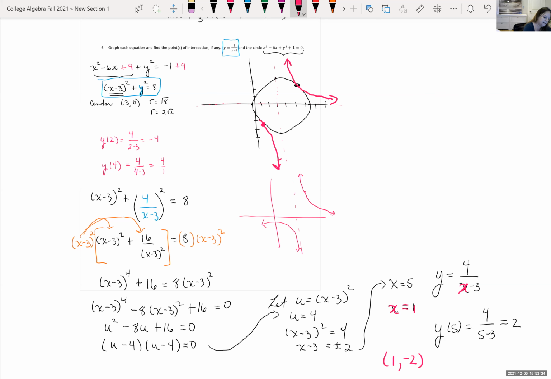So our graph looks like this. So points of intersection again are 5, 2, and 1, negative 2.